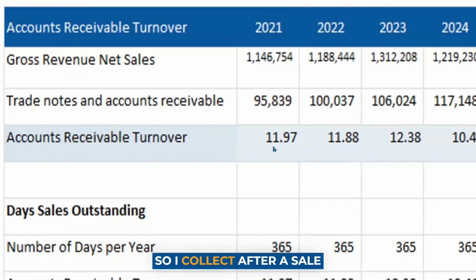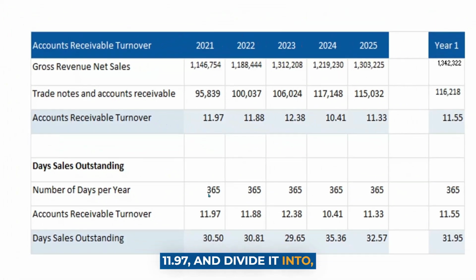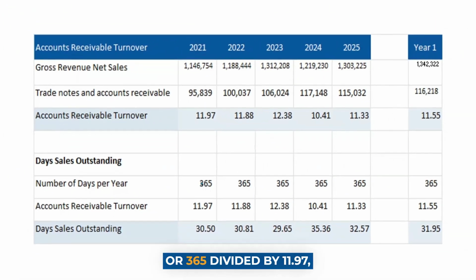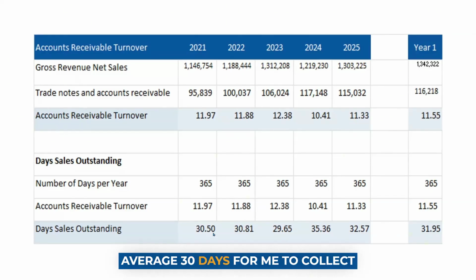So I collect after a sale about every 12 days. So I'll take that same number, 11.97, and divide it into 365, which gives days sales outstanding of 30.5. That means that it takes on average 30 days for me to collect payment from my customers.